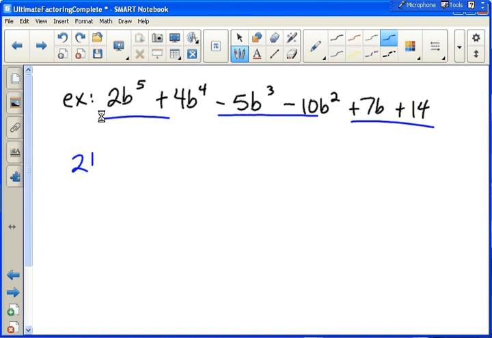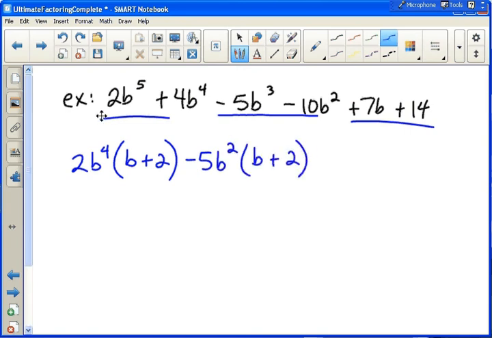Negative 5b cubed minus 10b squared have a negative 5 in common and a b squared in common, leaving us b plus 2. 7b plus 14 have a 7 in common, which still leaves a b plus 2.